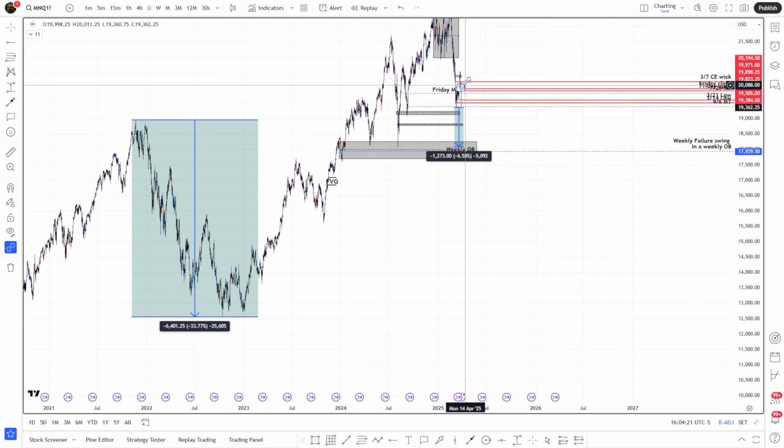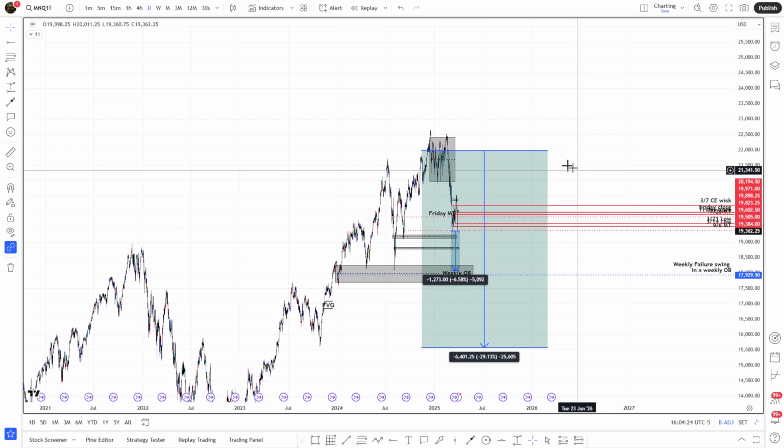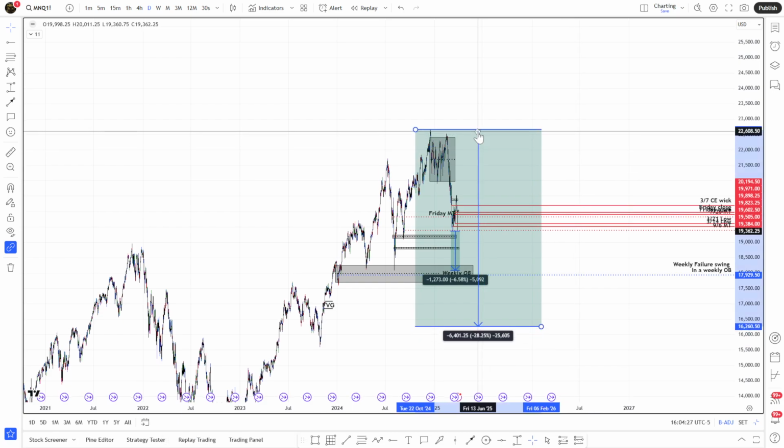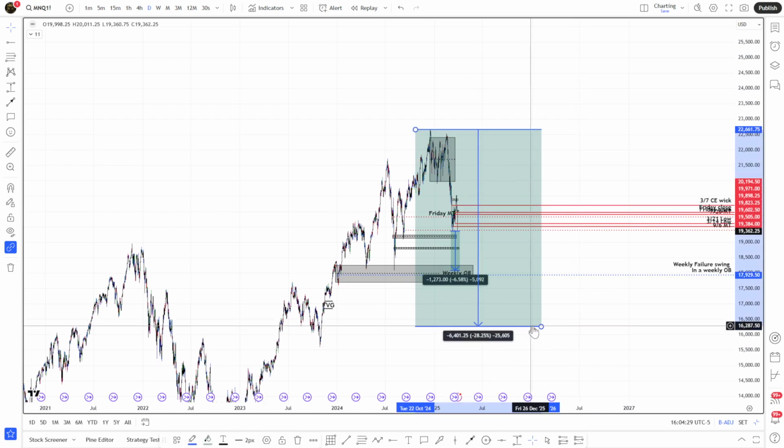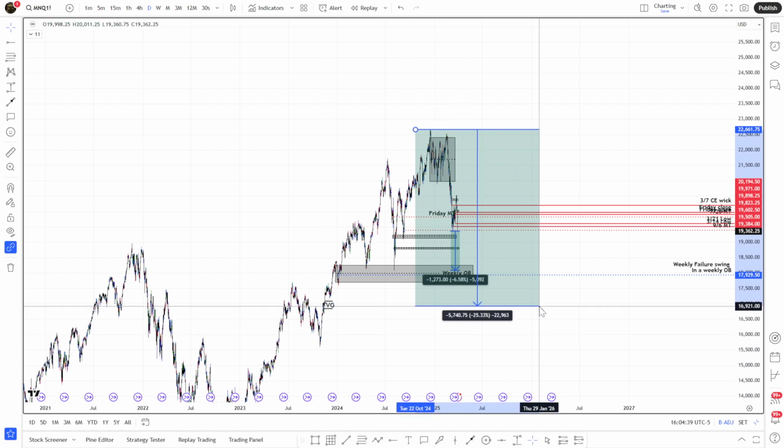So that's not crazy for price to, even if we take right here all the way down to this fair value gap previous high. Okay, we're still only looking at 25% in starting the early part of the year.